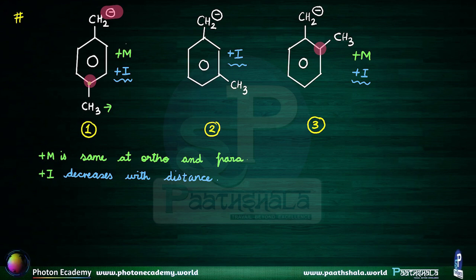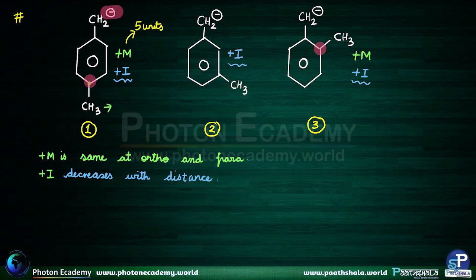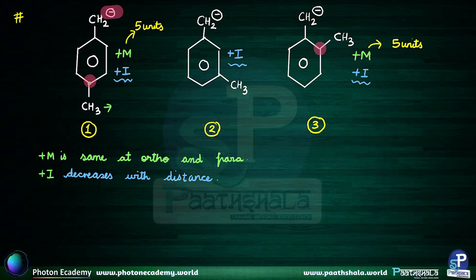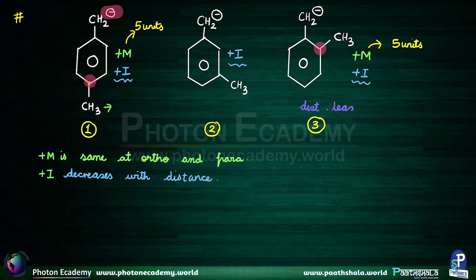So let us say that we have got 5 units of plus M here, and similarly 5 units of plus M at the third one too. Now, since plus I depends on distance, we notice that the distance is the least in the third case and maximum in the first case.